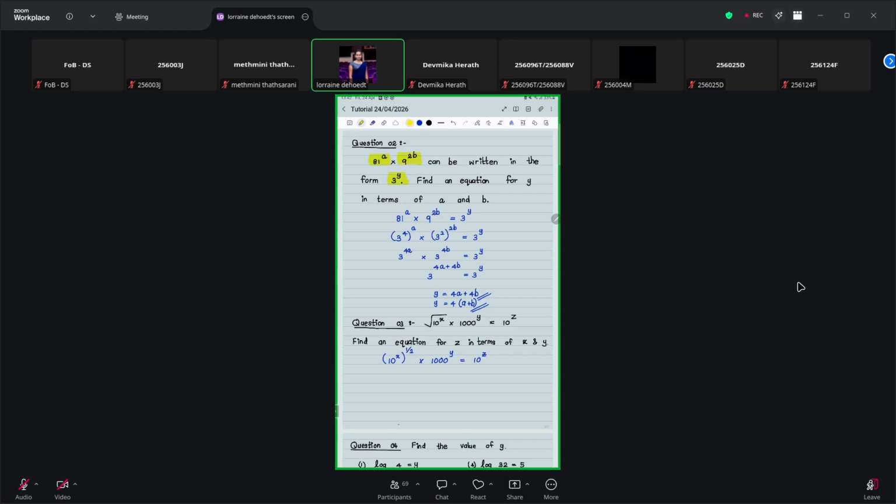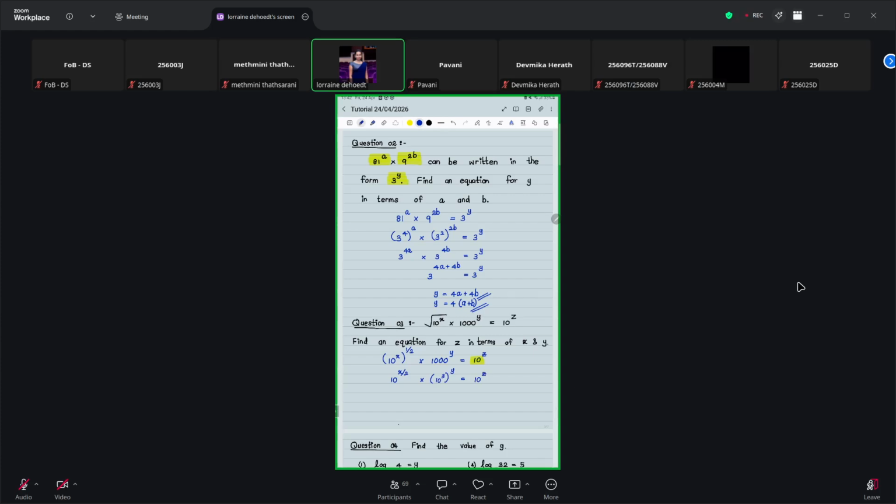That means you need to write this as base 10. In here, 10 to the power x over 2 into 1000 means 10 to the power 3 to the power y, because it has the y index, equals 10 to the power z.